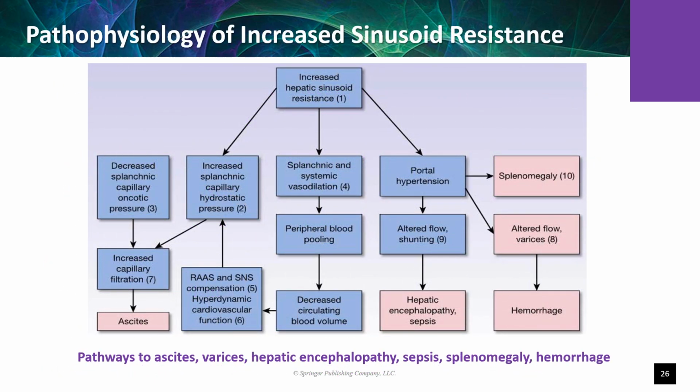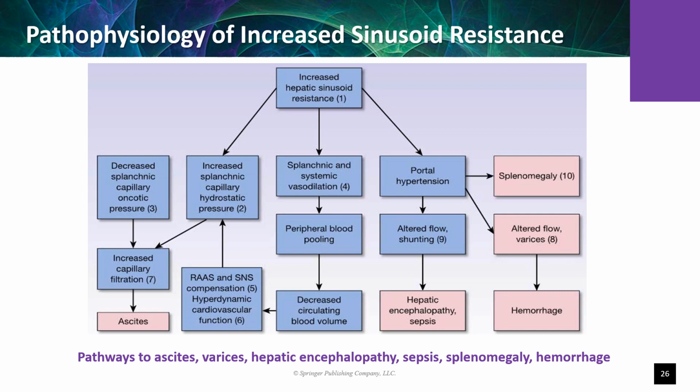Portal hypertension results from the increased hepatic resistance to portal blood flow that commonly accompanies cirrhosis. So this image is of portal hypertension and the complications that result from it. The blue boxes show the sequential changes occurring because of increased hepatic sinusoid resistance.